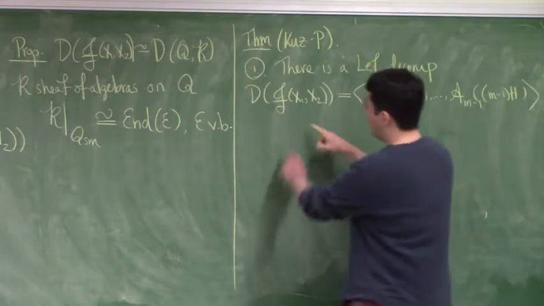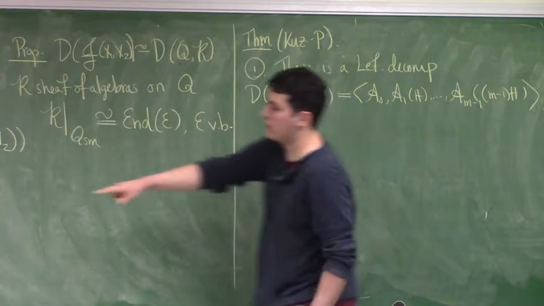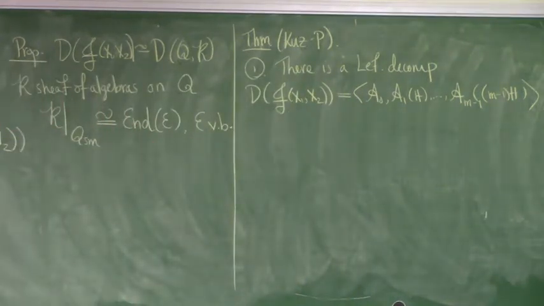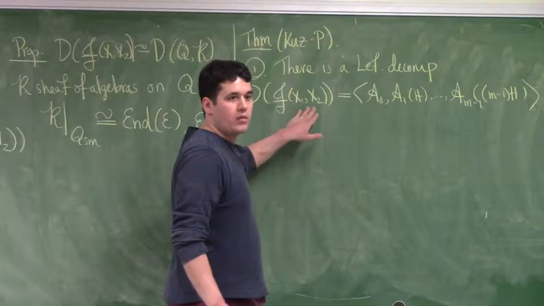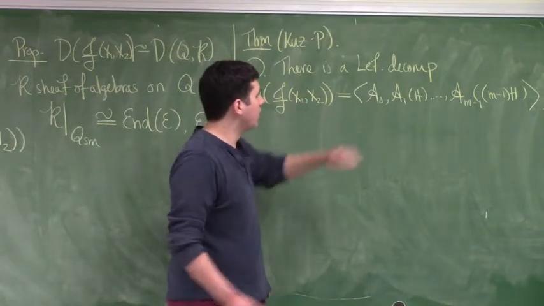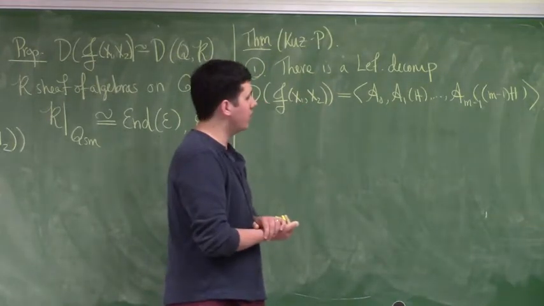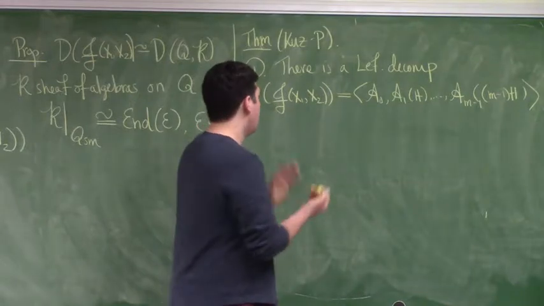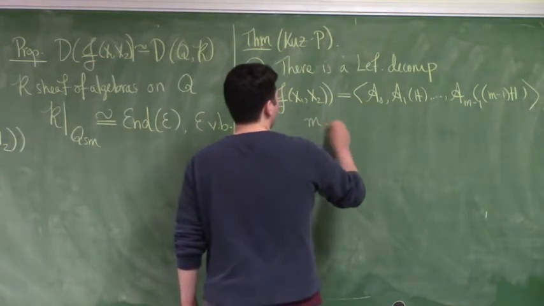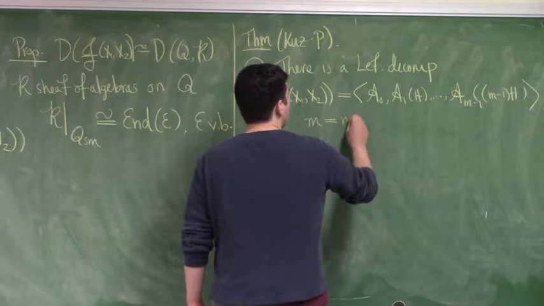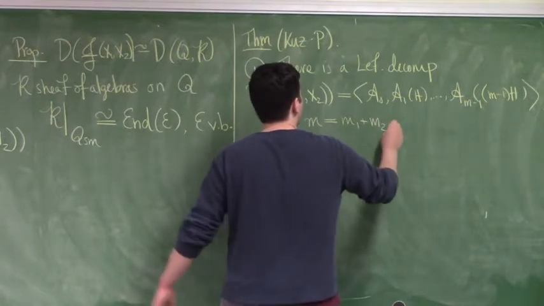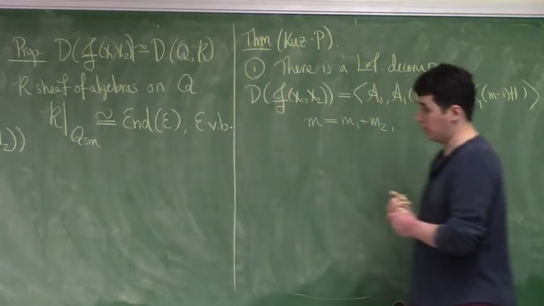So here, remember this join lives over this projective space. H is just denoting the hyperplane class on that projective space. And what I'm saying is that there's a Lefschetz decomposition of this category. So there's a sequence of categories so that its twists give a semi-orthogonal decomposition. Maybe I can point out that the length of the decomposition M is actually equal to the sum of the lengths of the original two decompositions.